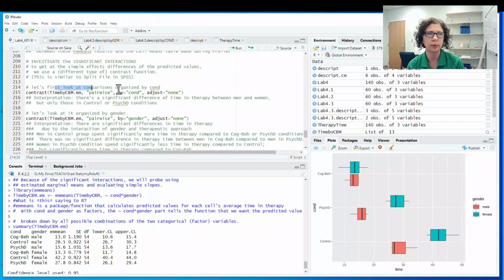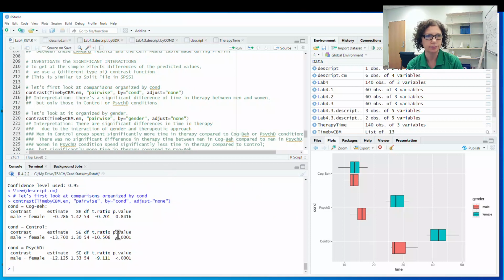So first we're going to look at the comparisons organized by therapeutic condition. And this says I want to contrast using what we just made with the estimated means function. I want to look at pairwise by condition, which is organized by the condition part, and adjust none.